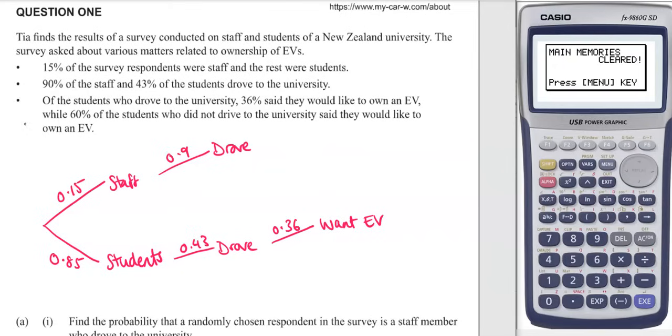And 60% of the students who did not drive said they would like to own an EV, so want an EV. 0.6. So I'll just fill in this one here to make that up to 1. That would be 0.58.